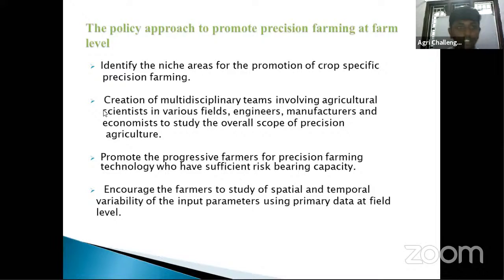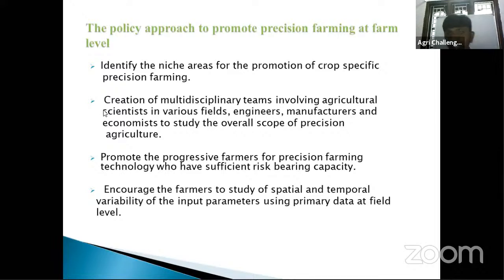Policy approach to promote precision farming at farmer level. What are the different policy decisions we have to take? Okay. Identify the niche areas. Niche areas are some locations, some ecological areas for the promotion of crop-specific precision farming. Entire India is not the same, given the drawbacks we discussed.